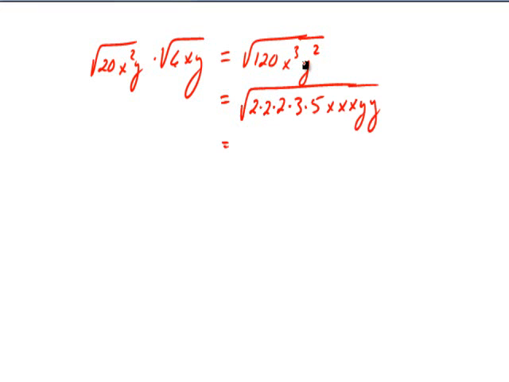And because we're taking the square root, I can take out a pair of 2's as a single 2. I can take out a pair of x's as a single x, take out a pair of y's as a single y, and on the inside I'm left with 30x.